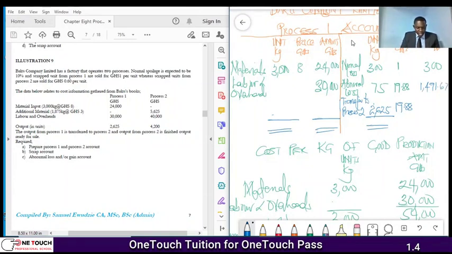Then we have 2,625 times into brackets 53,700 divided by 2,700, and that gives me 52,208.33.